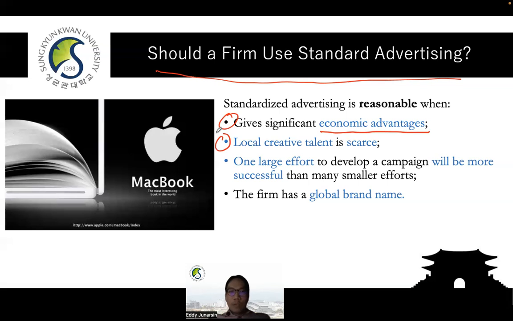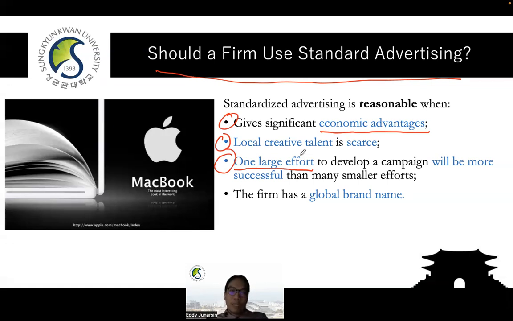So we have no choice but to use the global design of the advertising, the global form of advertising. We might face a situation where one large effort to develop a campaign would be more successful than many small efforts.